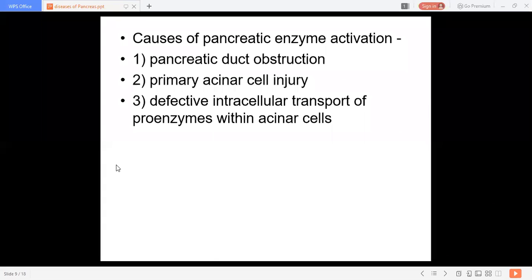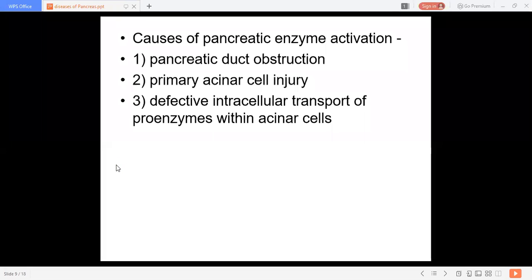Due to impaction of gallstones, they commonly get lodged or impacted in the ampulla of Vater. Whenever gallstones get impacted in the ampulla of Vater, there is a rise in intrapancreatic ductal pressure.